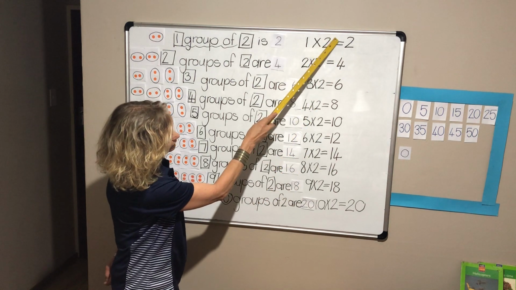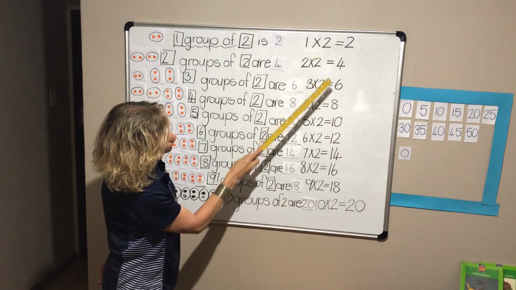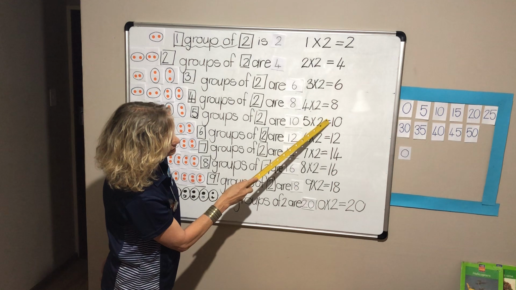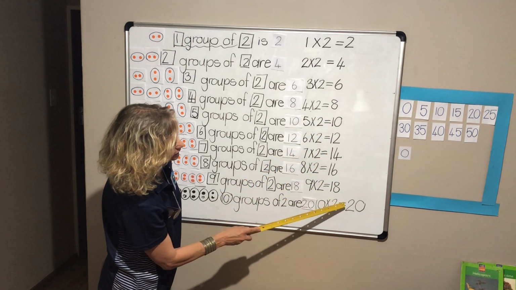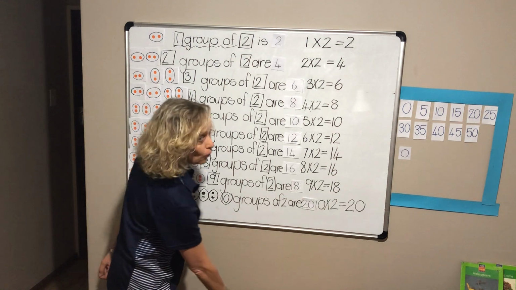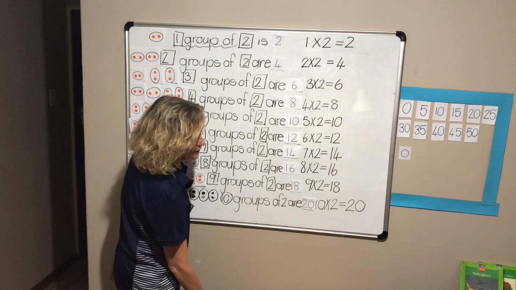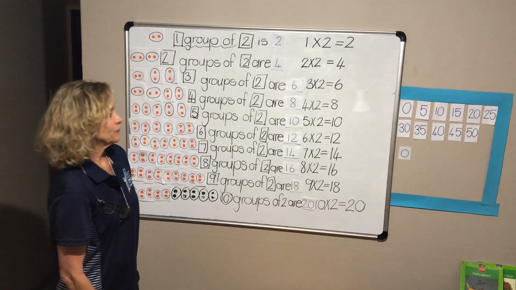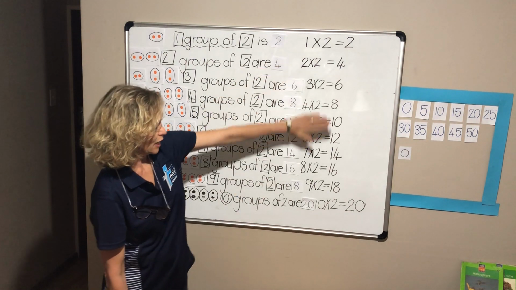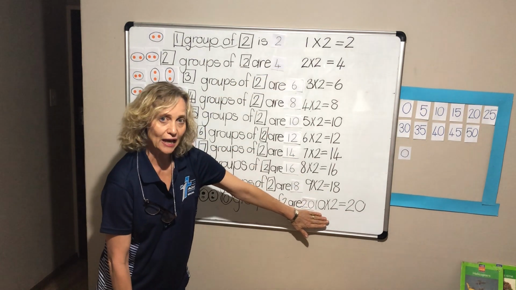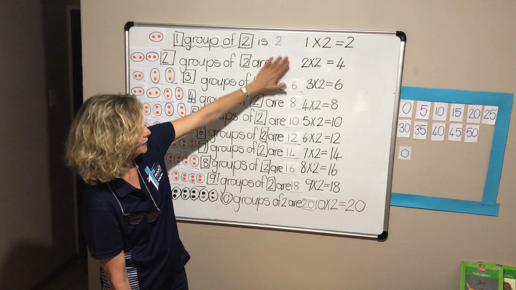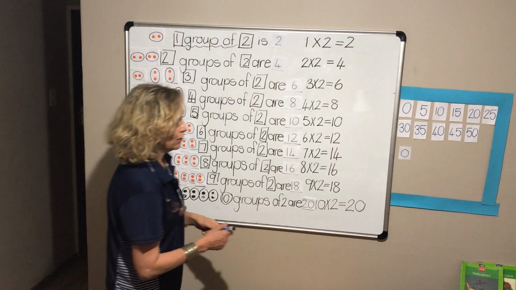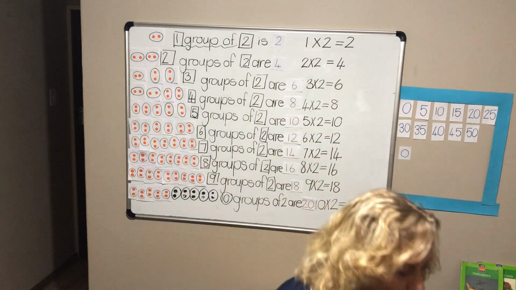And if we count down like this, we see 2, 4, 6, 8, 10, 12, 14, 16, 18, 20. All the multiples in the times table of 2. And this is what the 2 times table looks like. And this is how we build it. All of what you see here, these are the building blocks.